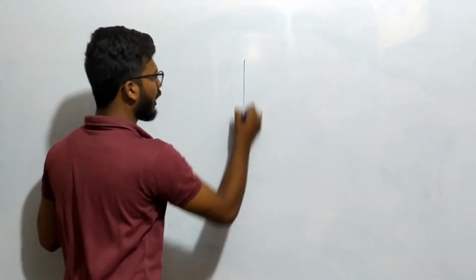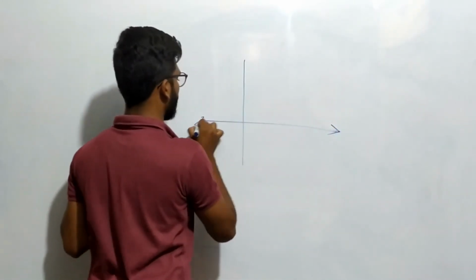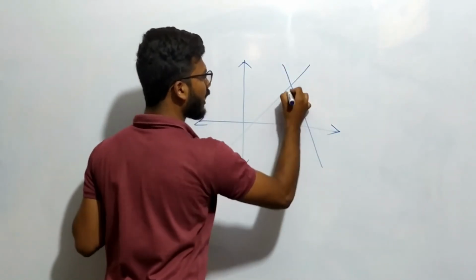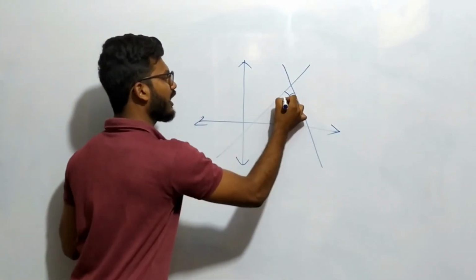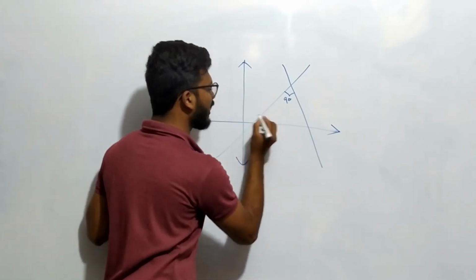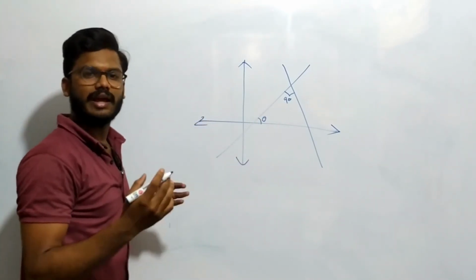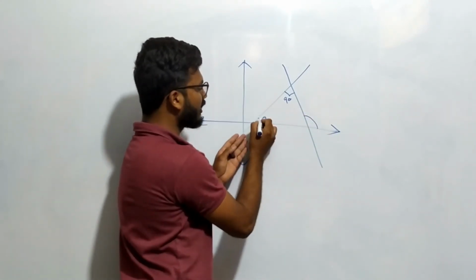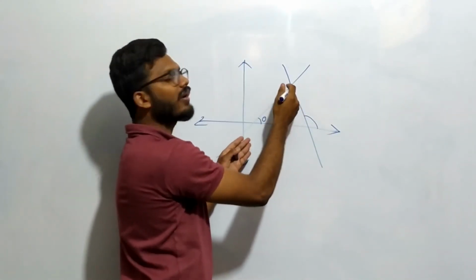Now let us see what the condition is if two lines are perpendicular to each other. I am taking two lines which are perpendicular to each other. Suppose they make 90 degrees, and let the inclination of one line be theta. Then from here to here it is theta, and here you have 90 degrees.